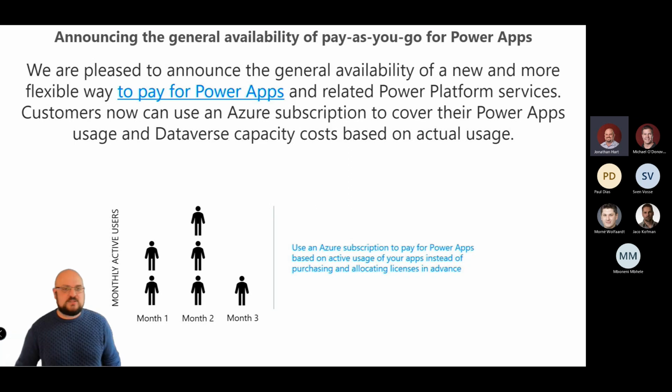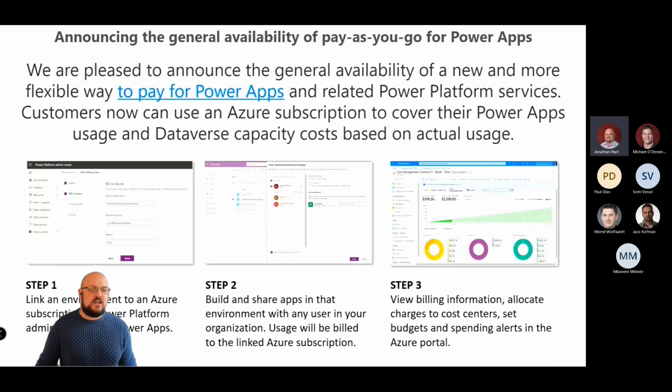To enable this, on your Power Platform Admin Center, you would need to associate your environment with an Azure subscription. Then you can start building your apps and sharing your apps, and the bill will be shown in the Azure Cost Center. So you would be able to go into the Azure portal and see how your users are consuming it.